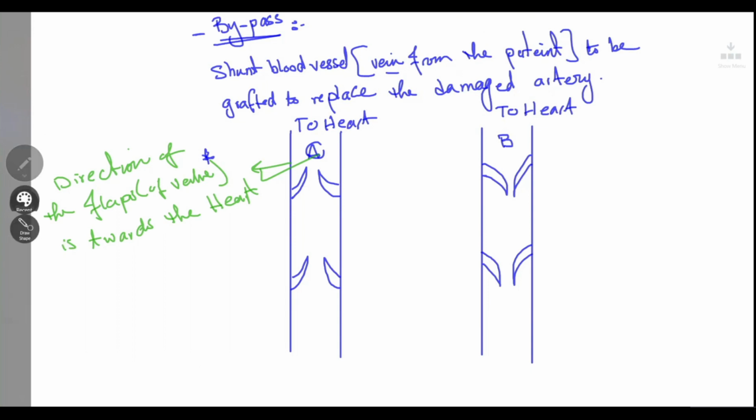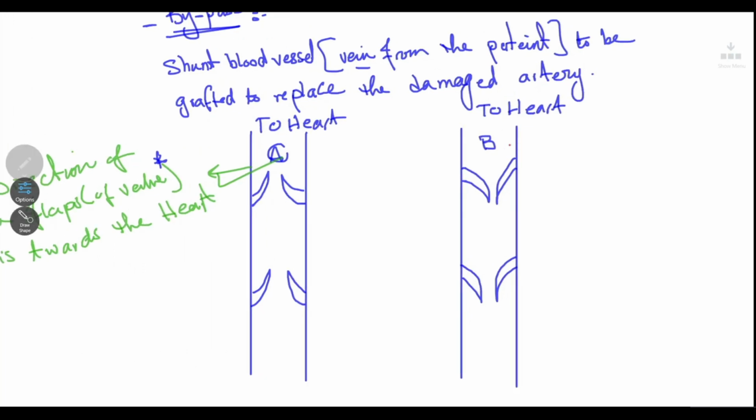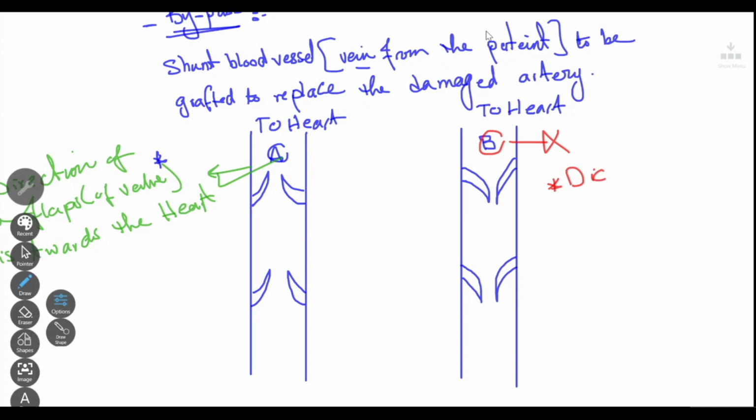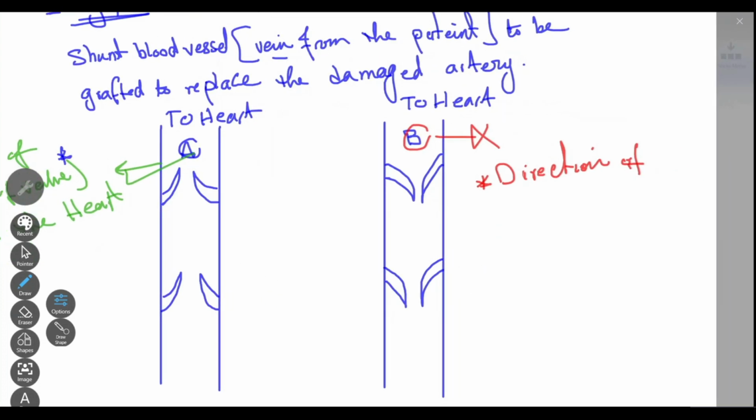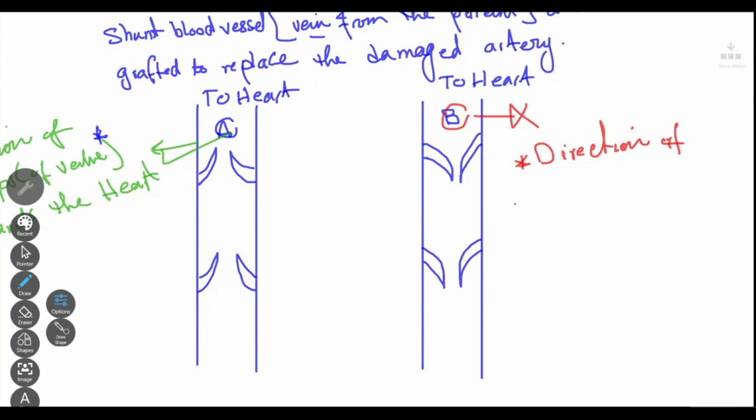But in case of blood vessel B, if it's chosen, it will be wrong. Reason: the direction of the flaps of the valve is opposite, or upside down.